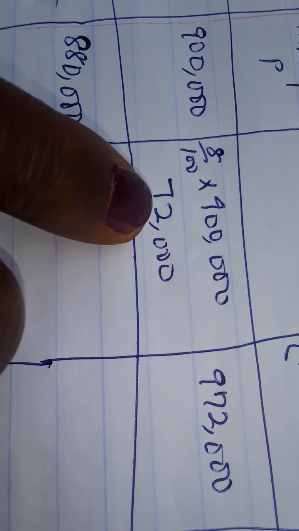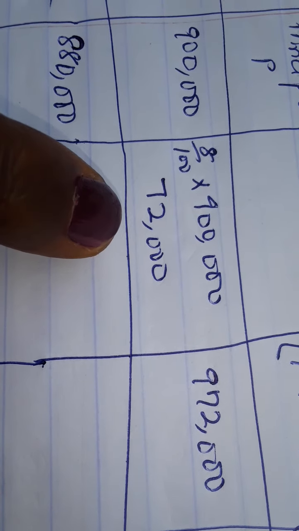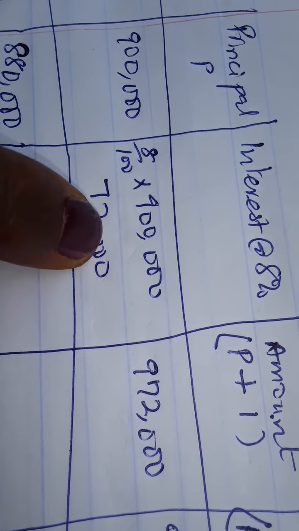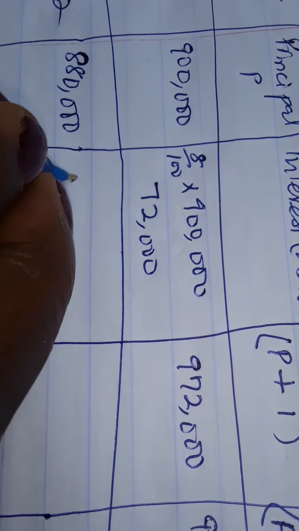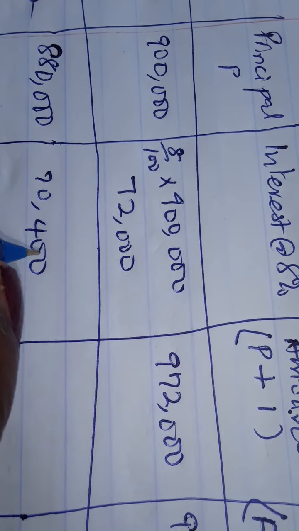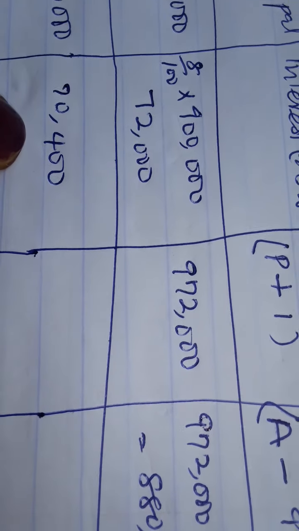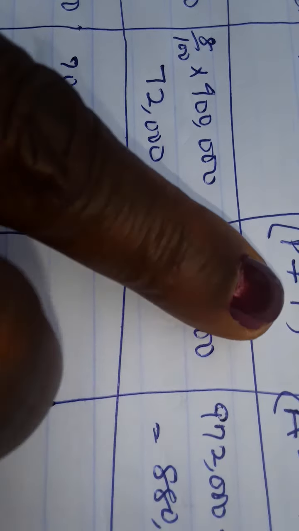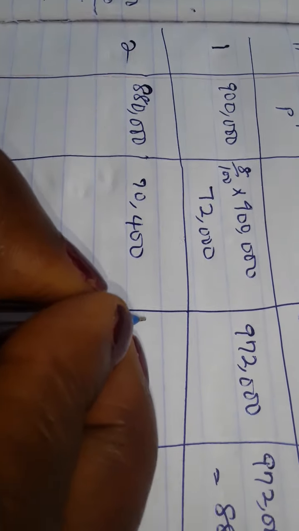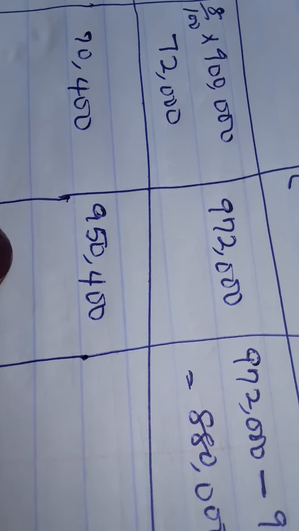So you calculate interest, 8% on 880,000 naira. The interest is going to give you 70,400. The amount, again, principal plus interest, and that is going to give you 950,400.